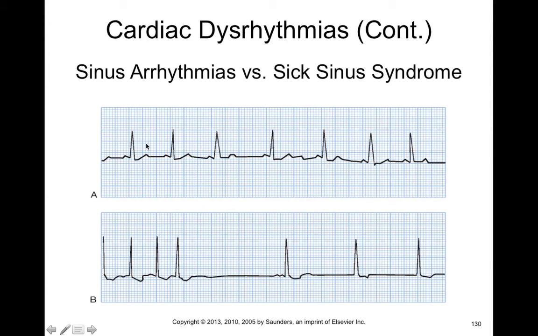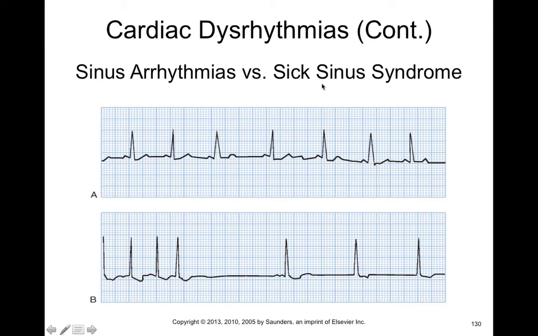It turns out that your heart rate can increase while you inhale and then decrease while you exhale. So these longer intervals could be while the individual's exhaling, and these shorter intervals could be where the individual's inhaling. And they're not dramatic enough to cause any sort of pathology or disease process. So sinus arrhythmia is benign.